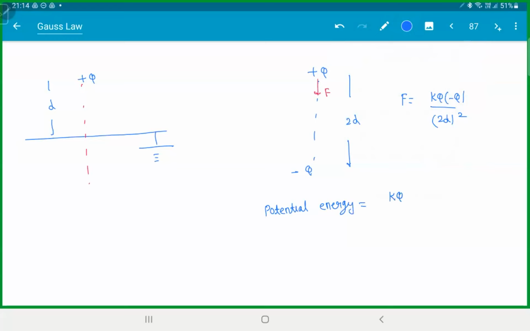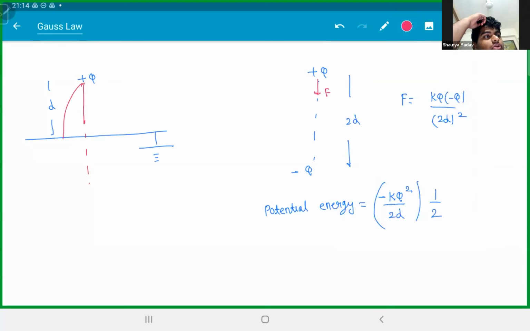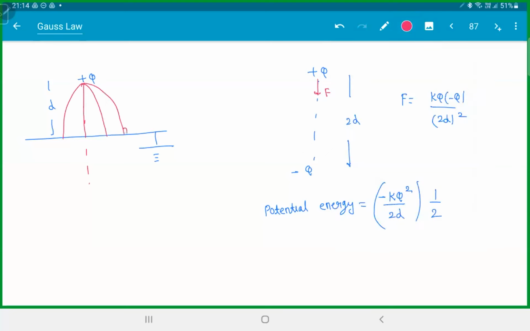It will be K Q square by 2D, half of that. Can someone tell me why the half comes? Because that charge doesn't actually exist. Actually only one charge will exist. No, no. The distance between them is actually d. No, the distance is 2D. The problem is only half of the field lines exist, no?